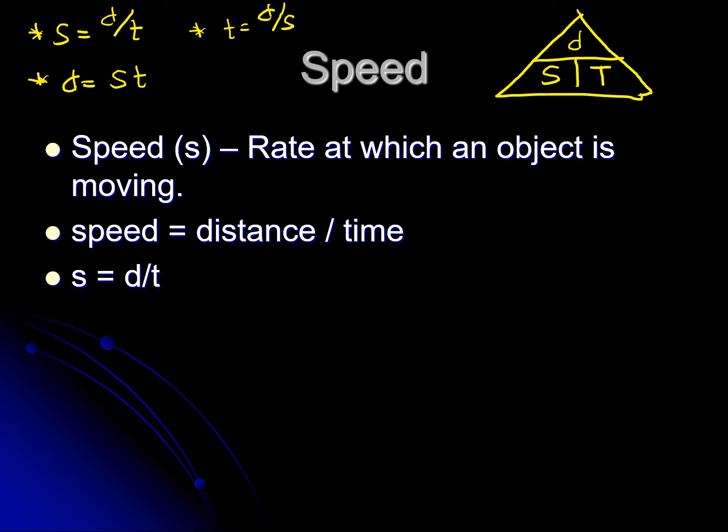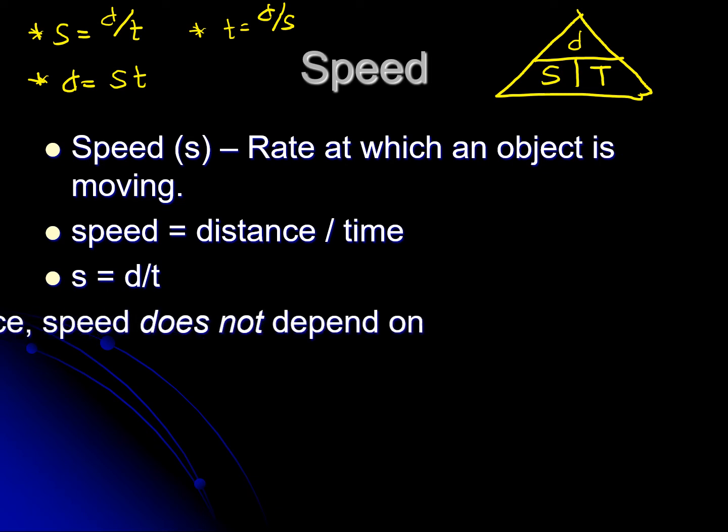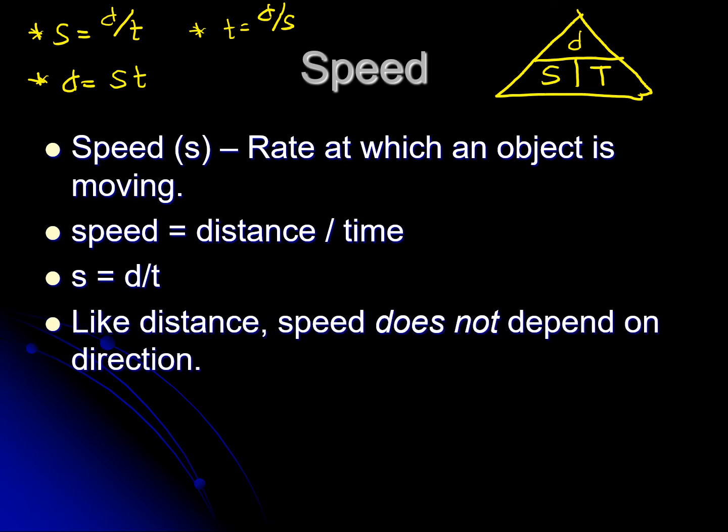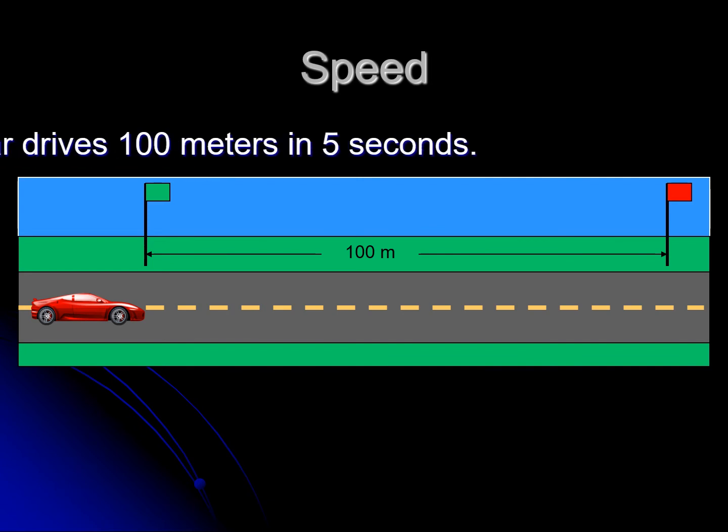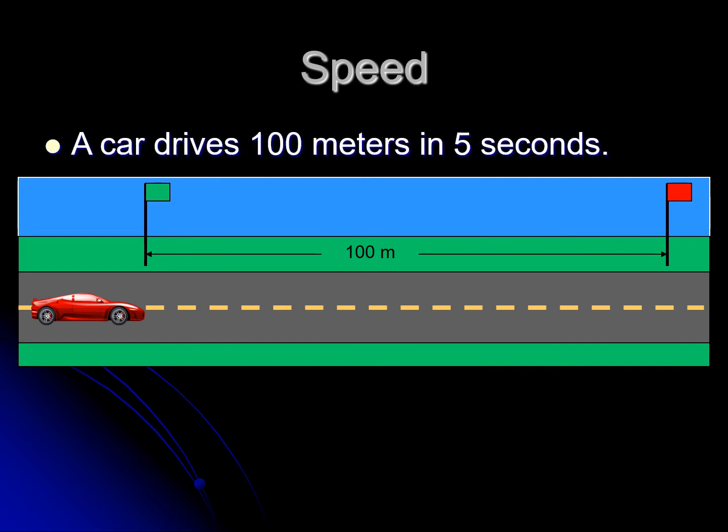This is how you show it in a simple way. Let's look at our example here. A car drives 100 meters in 5 seconds. Let's look at the animation.